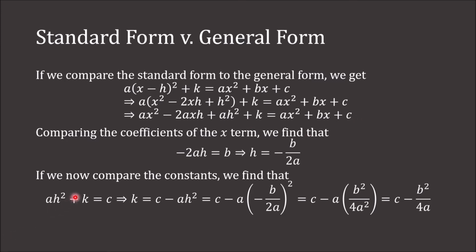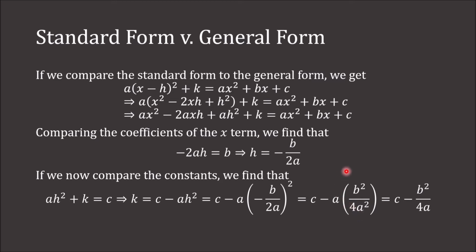We wish to solve for k, so we have k is equal to c minus ah squared, but we just found what h was. So this is c minus a times the quantity negative b over 2a squared. Now this squared becomes b squared over 4a squared.